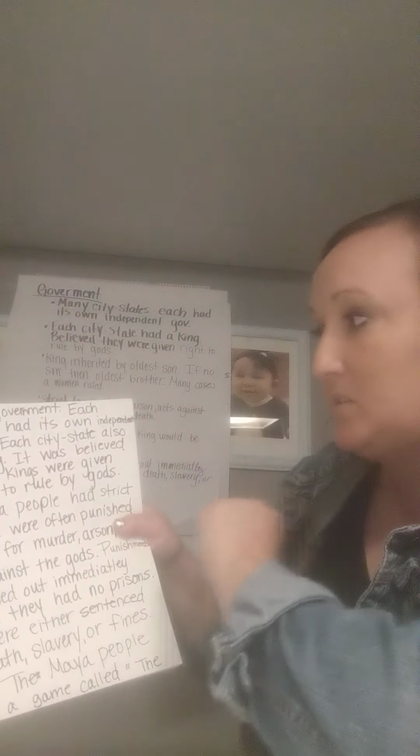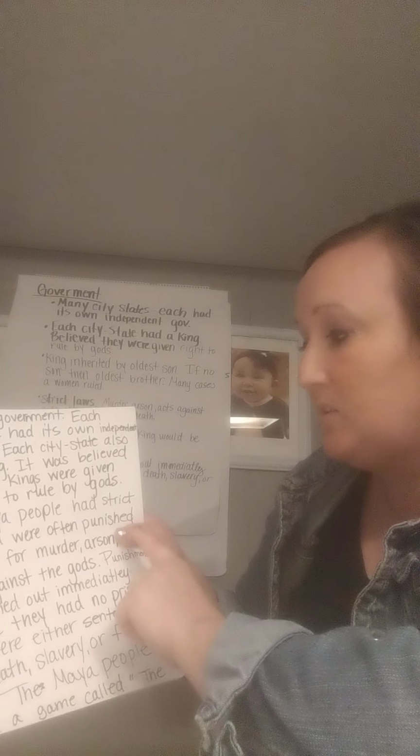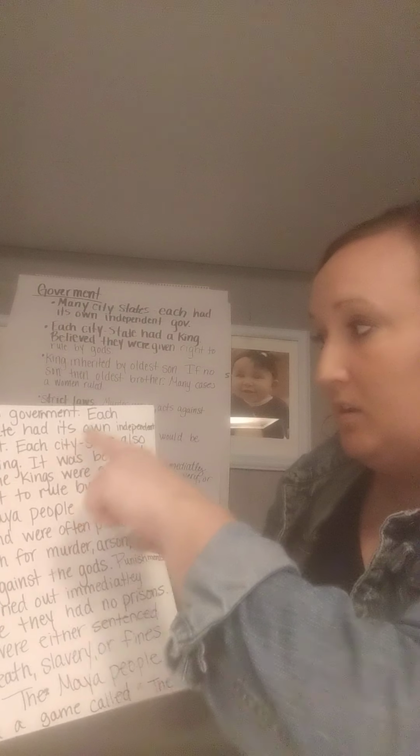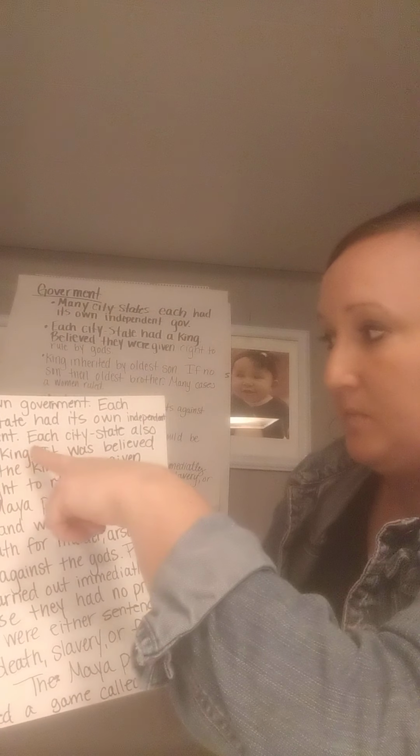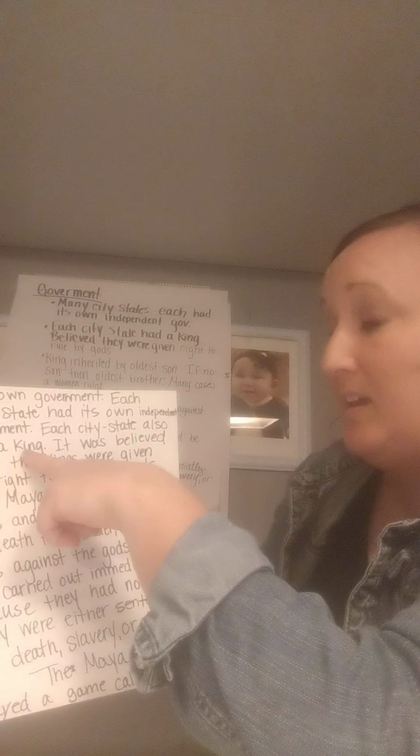So I didn't have that in my notes, but it's something that I remembered reading about and I wanted to add that. So that's something you can do as well. You don't have to just go off what's in your notes. You can add more to it as you're drafting out your paper. Okay, the next sentence. Each city-state had its own independent government. Each city-state also had a king.